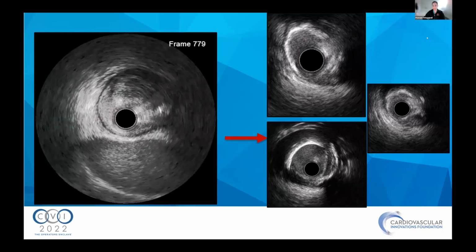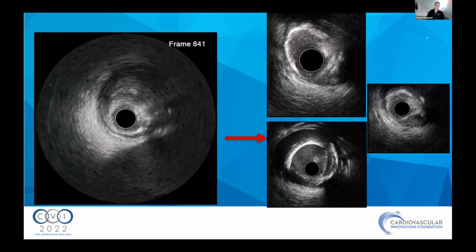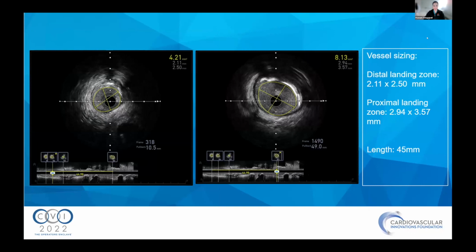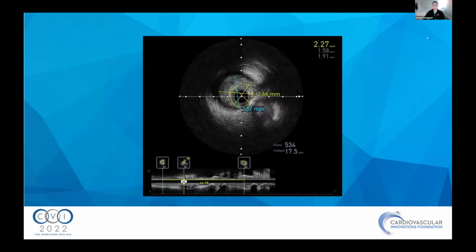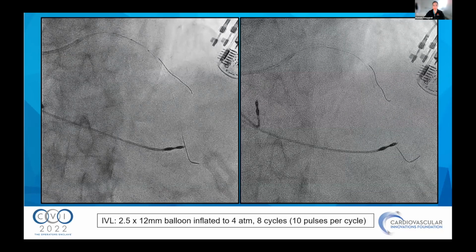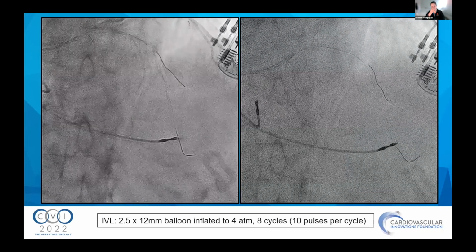Exactly. Excellent points. So that's what I did, an NC balloon. These are the sizings again, 2.5 distally and 3.5 more proximally. However, the smallest size was about 2 to 2.5, and the NC balloon really didn't open it up very well.